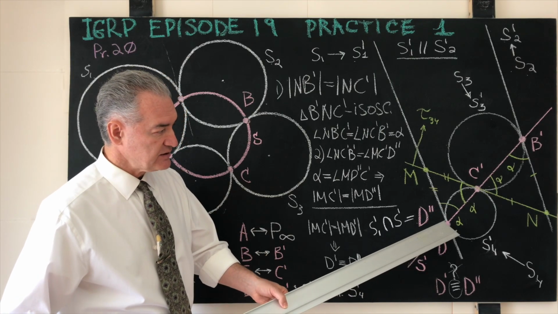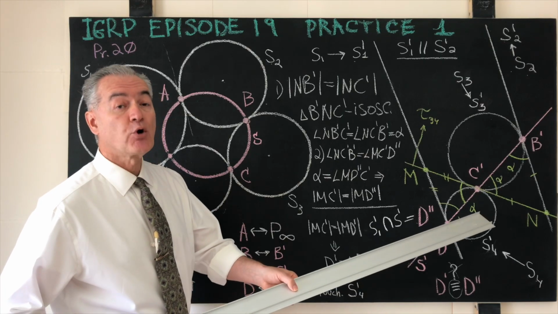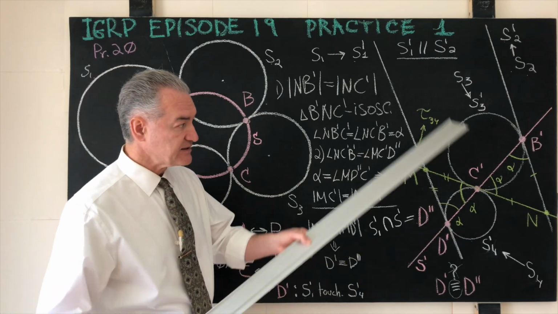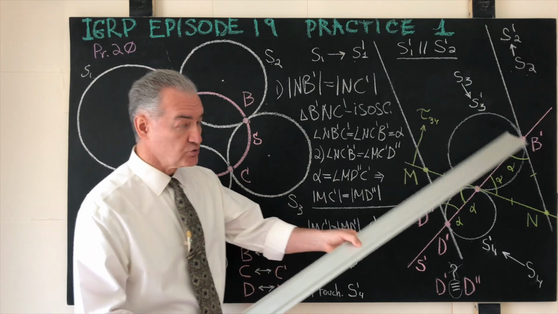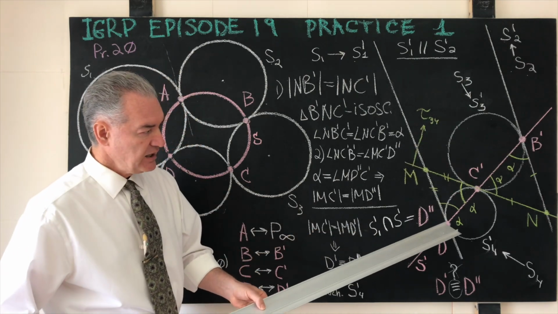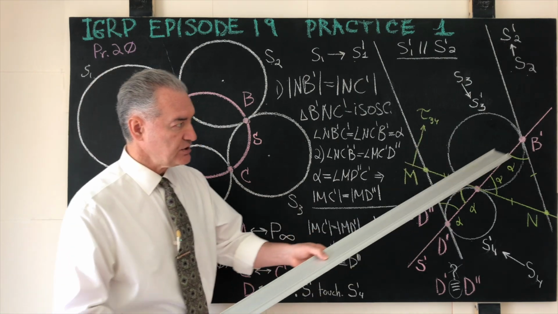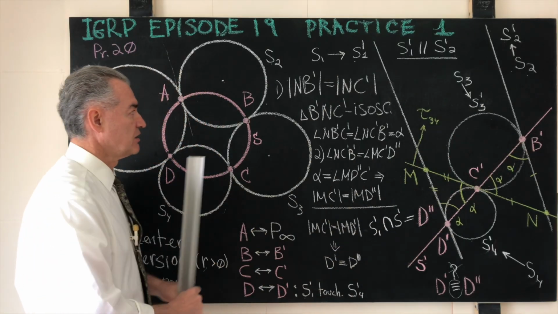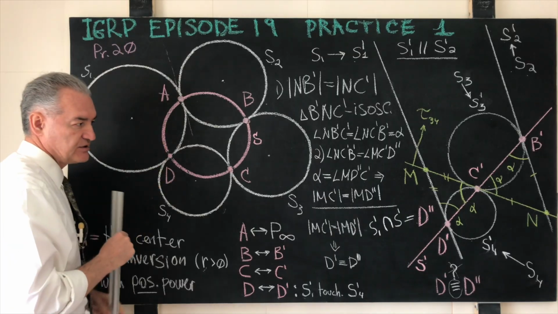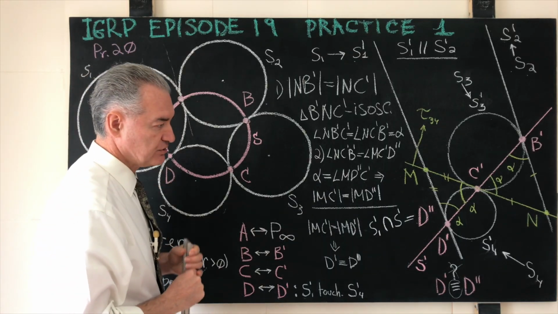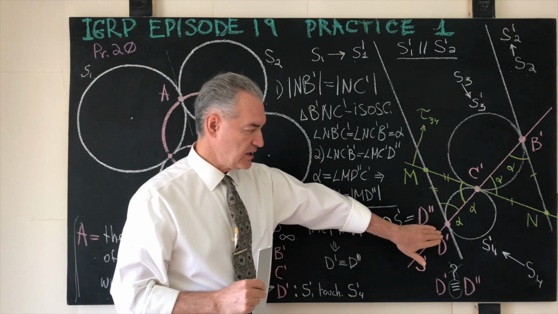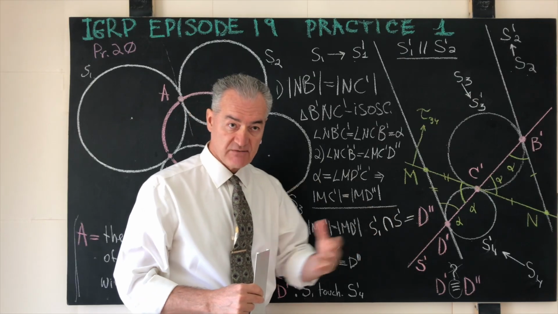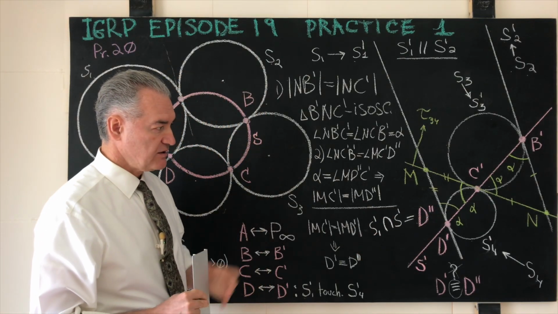And not only that, that straight line will be perpendicular to all three lines, the common tangent and the other two parallel straight lines. In this case, the points of tangency will coincide with their images B, C, and D. There is not that much really to prove. The points D prime and D prime prime will be evidently one and the same, and the game is over.